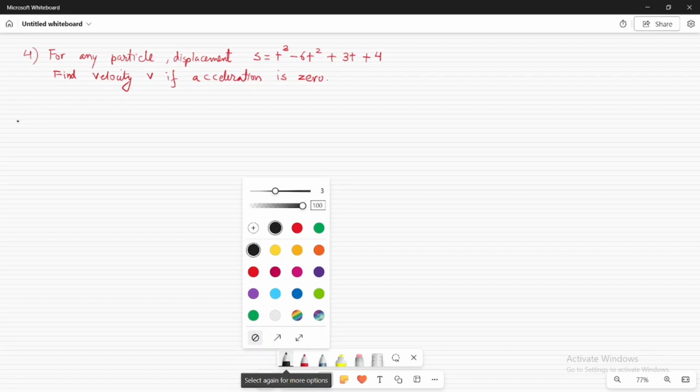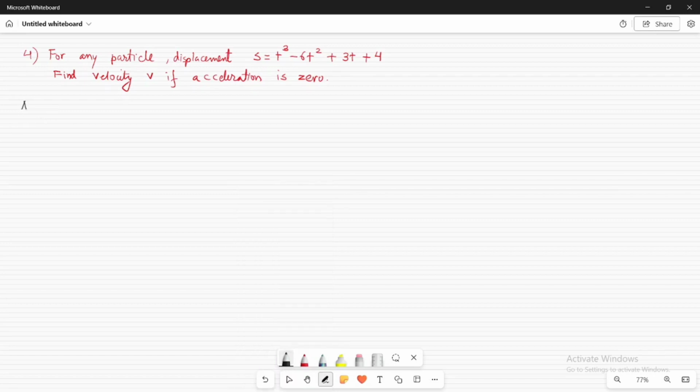As per this question, for a given particle, the displacement is t cubed minus 6 t square plus 3t plus 4.